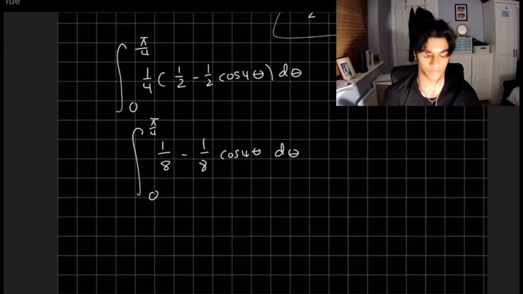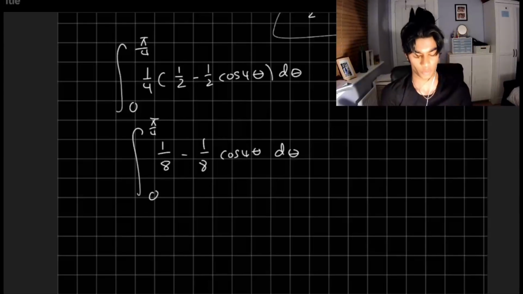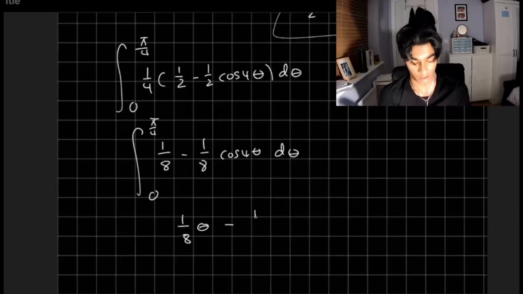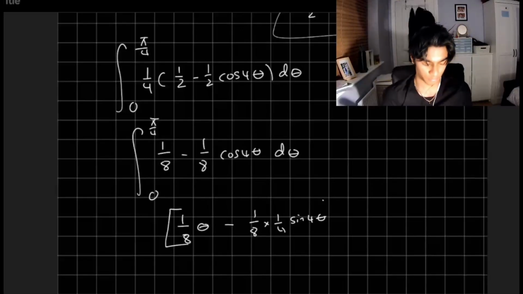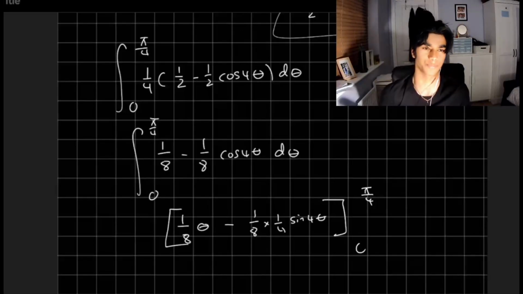All we have to do is finish evaluating this integral. So that's an eighth theta minus an eighth multiplied by a quarter sine 4 theta, evaluated between pi over 4 and 0.